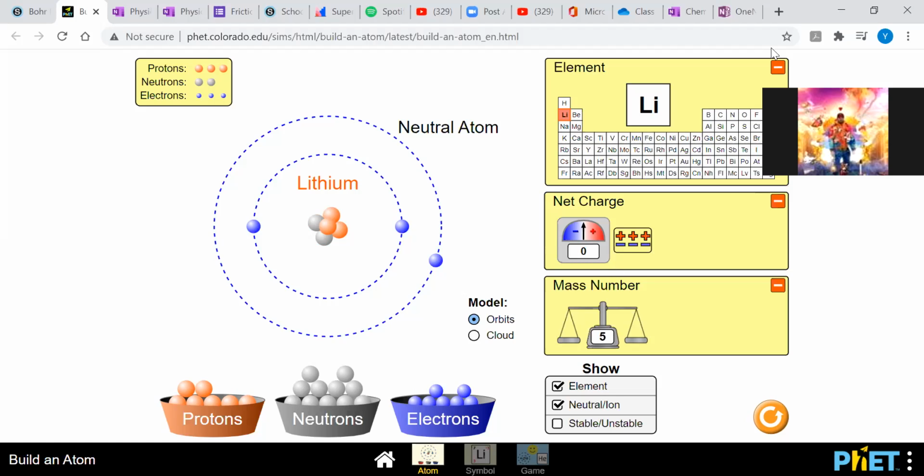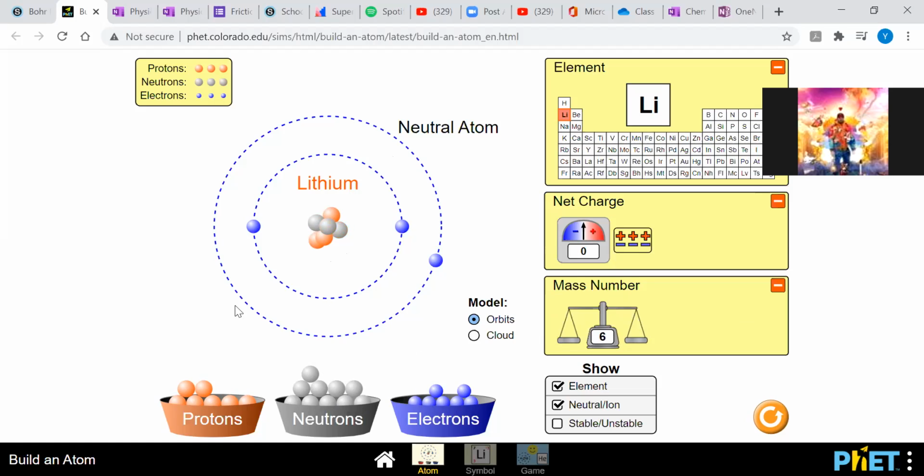So who remembers where all of the mass is in an element? We have our mass number right here. Where's all of the mass in the element? In the nucleus, yes. So in the nucleus is all of the mass, and that's how we get our mass number.